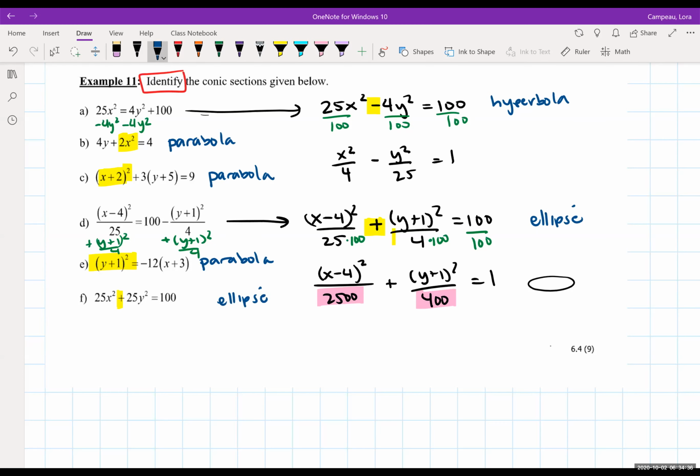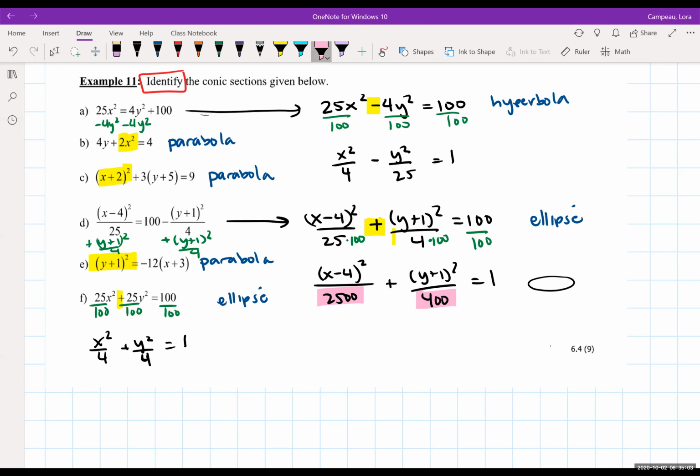But more precisely, we'd want to dive into this a little bit more. If you can divide every term by the 100, I think I just kept all the 100s in the examples just to make it easier on ourselves. We would get x squared over 4 plus y squared over 4 equals 1.